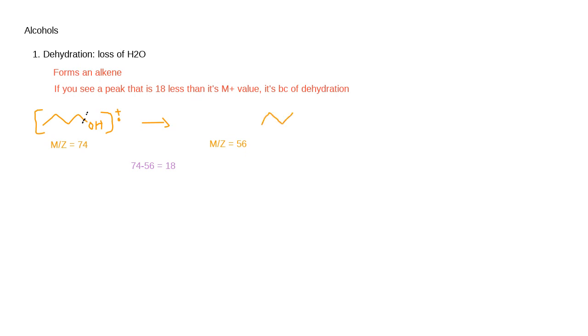Okay, so we have that, and we have, not a radical, we have a carbocation right here. And if you notice, this should be a methyl group, but because of the carbocation, it has 2 hydrogens, and this also has 2 hydrogens. Let me draw that: 1, 2, 1, 2.